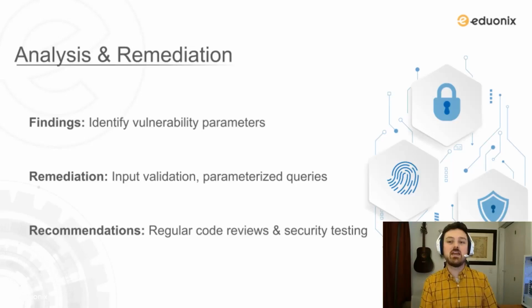You really need to integrate that into the software development lifecycle, which we'll get into later in the course, where we'll talk about DevSecOps and how we can automate some of these within our pipeline. This allows you to continually assess and improve the security of your application as you go forward.